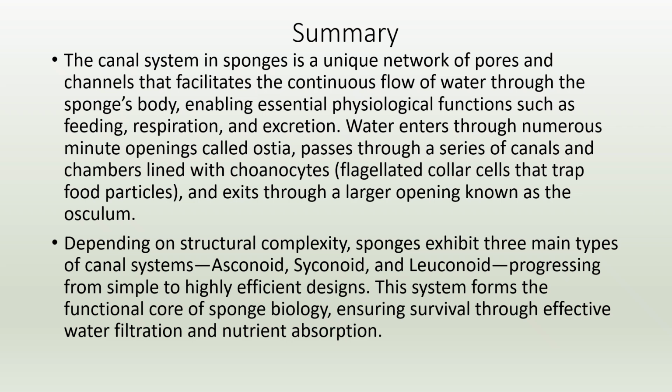Depending upon the structural complexity, the sponges have been classified into three main types of the canal system: the ascon type, the sycon type, and the leucon type, progressing from simple to highly efficient designs. So this system is very unique for the poriferans and it forms the functional core of the sponge biology, ensuring survival through effective water filtration and nutrient absorption.